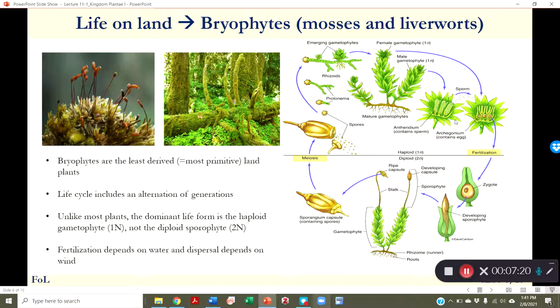And then the male gametophyte contains these bodies called antheridium that contain the sperm. So as I said, a drop of water splashes on an antheridium, and then those sperm are transferred into the archegonium through fertilization.